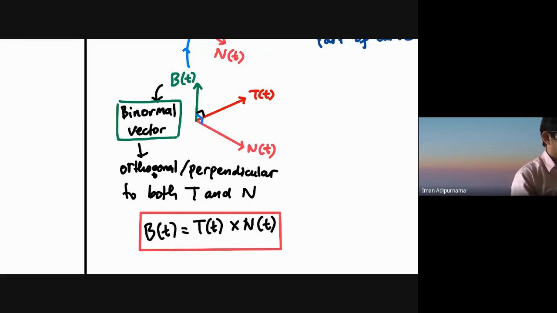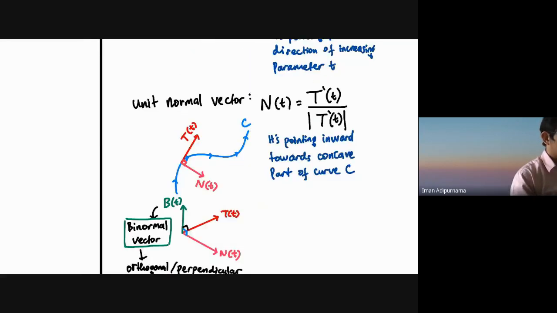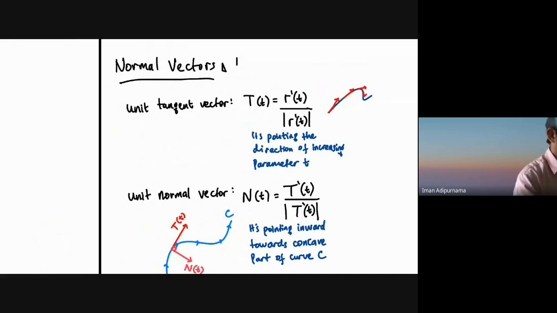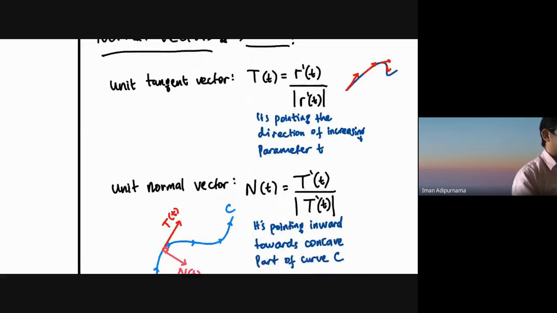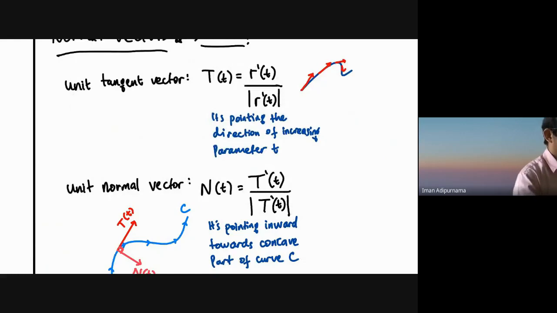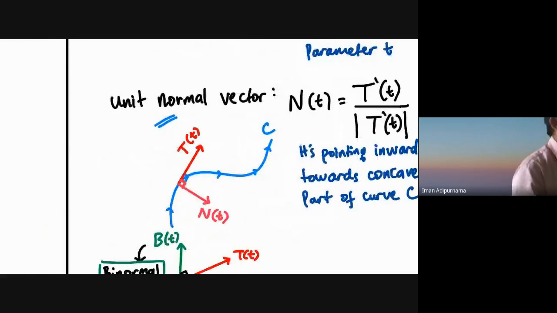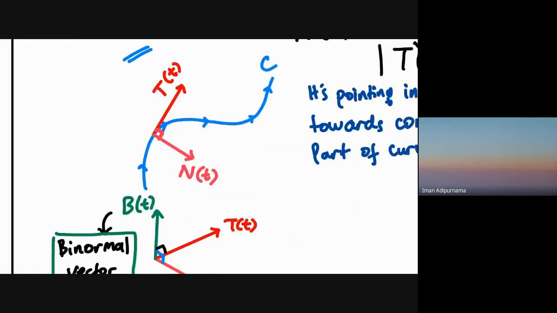Okay, so let me review a little bit. So first, maybe this is normal and binormal. First, remember you have unit tangent vector T. And to find the normal from this tangent vector, we need to find the orthogonal to T, okay? In which if you have curve C, it will point inward here, okay?